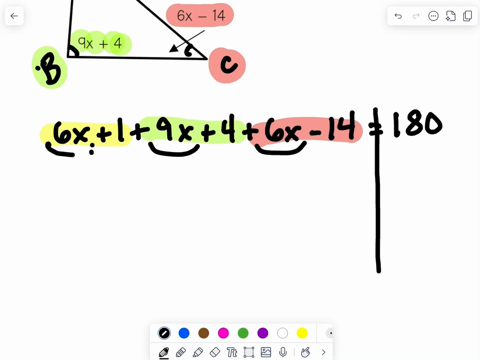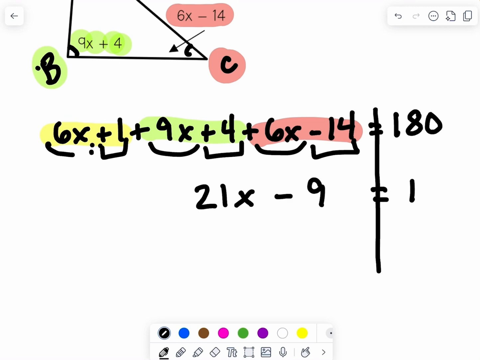And 6 plus 9 plus 6, I'm going to add it in my calculator just to be sure, gives me 21x. And then I'm going to combine all my constants, positive 1, positive 4, and negative 14. So when I do 1 plus 4 minus 14, because that's negative, I get negative 9. So 21x minus 9 equals 180.